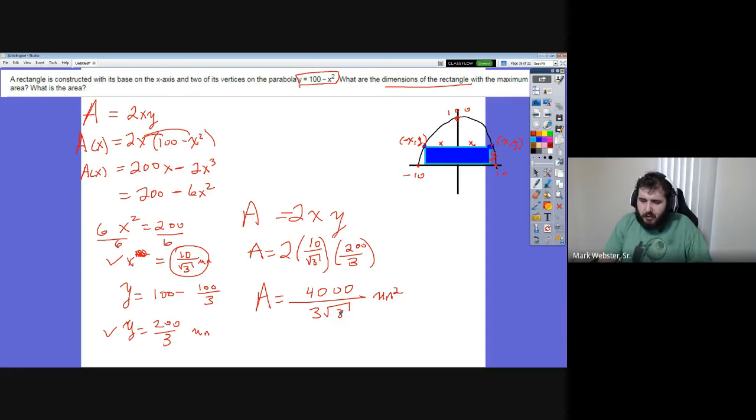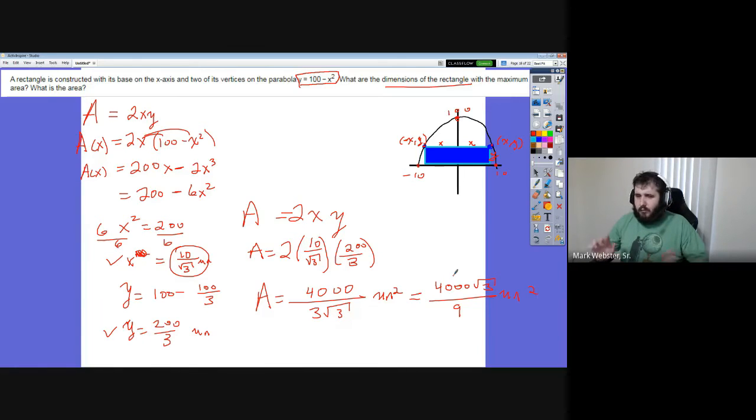Some of you may be looking at that going, but there's a radical in the denominator. Yeah, okay. That's fine. If you are really, really thirsty to have that radical in the numerator, multiply top and bottom by radical 3. 4,000 radical 3 over 9. But remember, we've been talking about how on the AP test, you don't have to have a simplified answer.